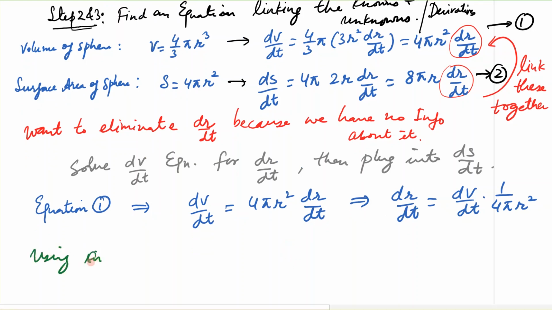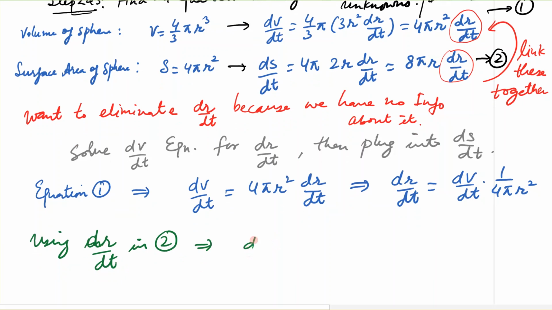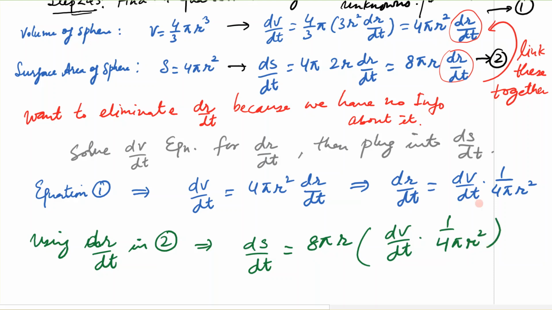Using dr over dt in 2, that gives us dS over dt is equal to 8 pi r, and in place of dr over dt we're going to write dV over dt times 1 over 4 pi r square. So we just plug in dr over dt in this equation.